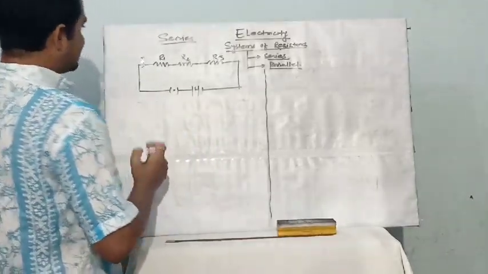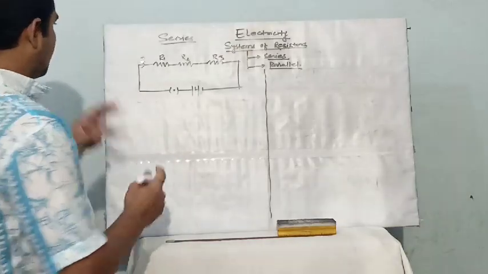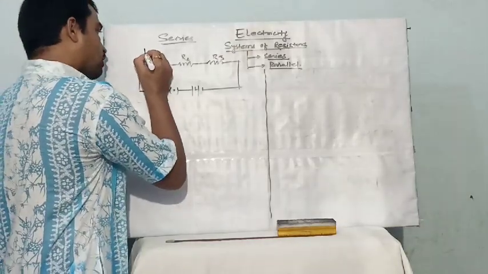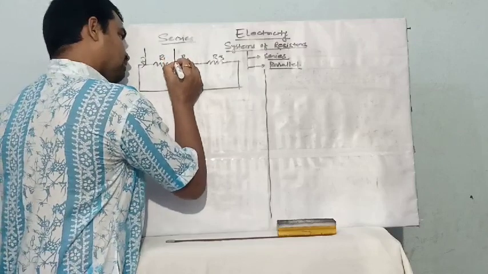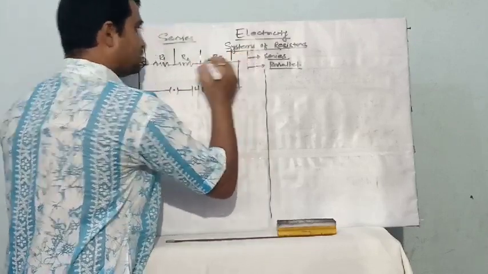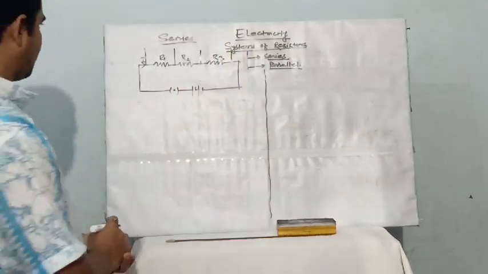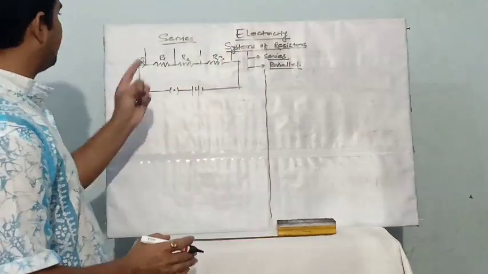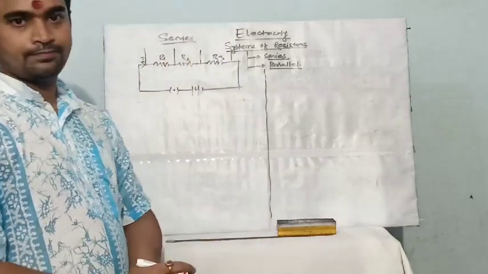Now, the second one: the potential difference across each resistor will be different if the values of the resistors are different, and it will be the same if the values of the resistors are the same.